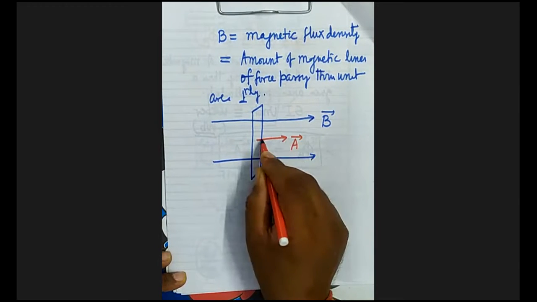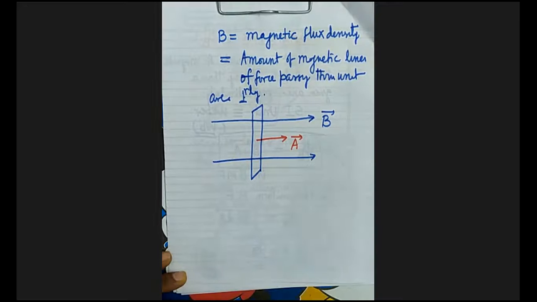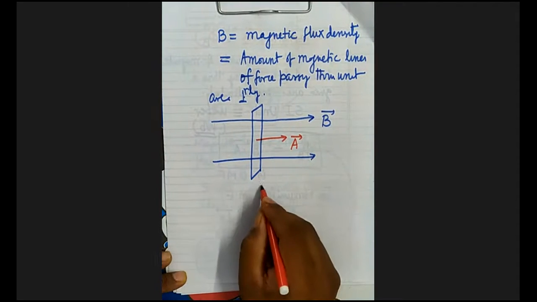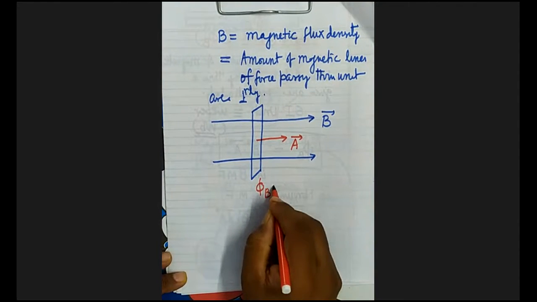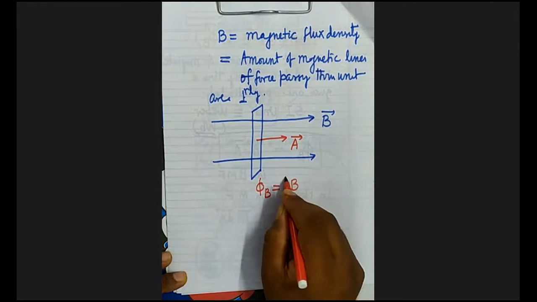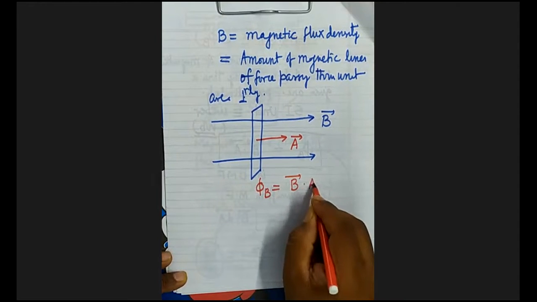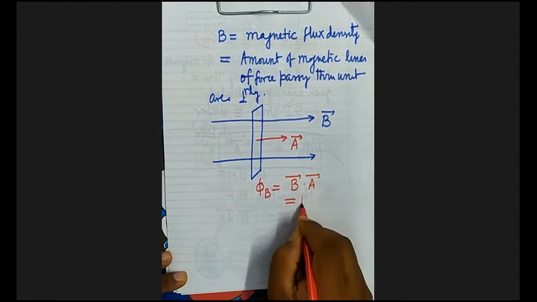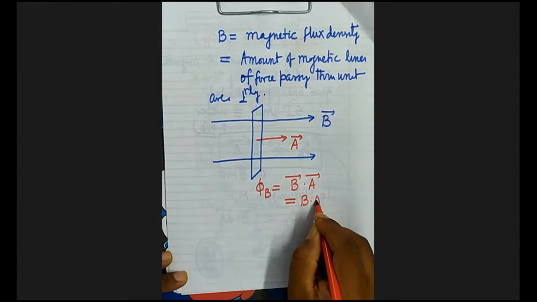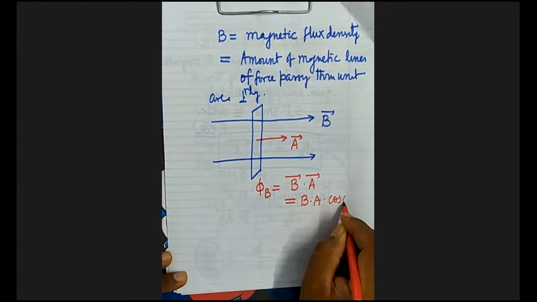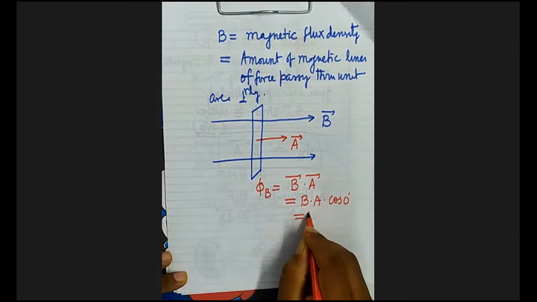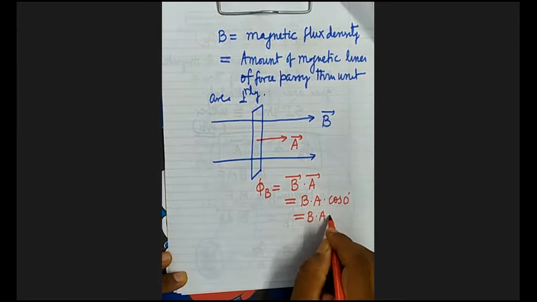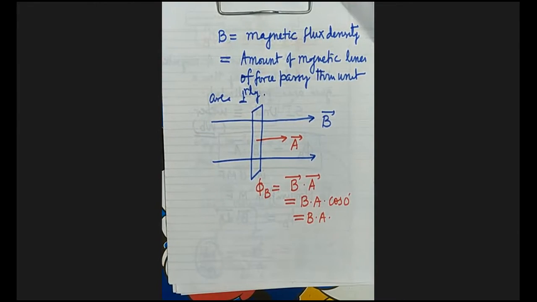We can see here that area vector and magnetic field vector have the same direction. Therefore, phi B equals vector B dot vector A, that is equals B into A into cos 0 degree. That is simply B into A.